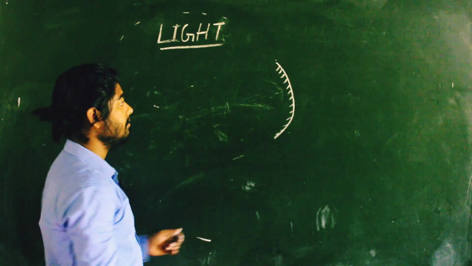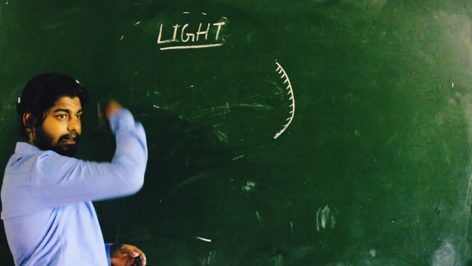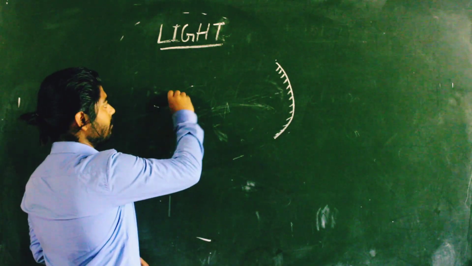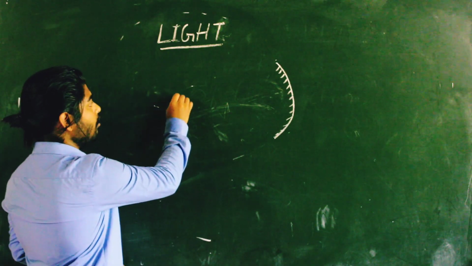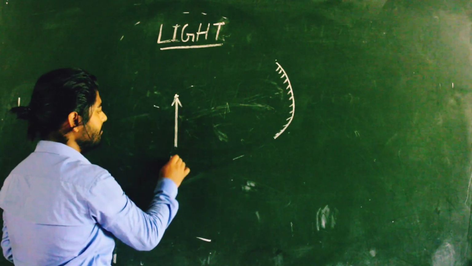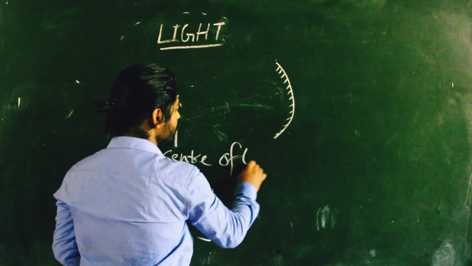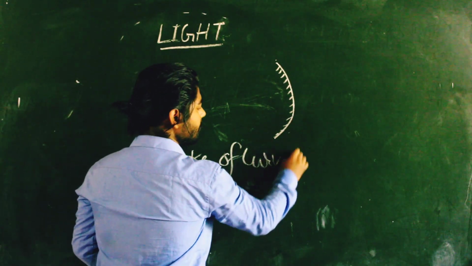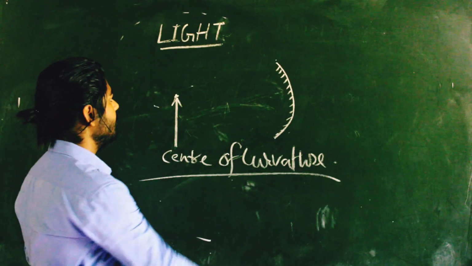You can imagine that. Next thing you will get is the big circle with a radius and the point of the center. This is also called the center of curvature.